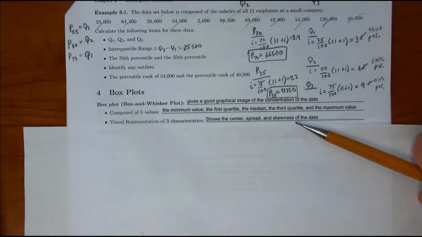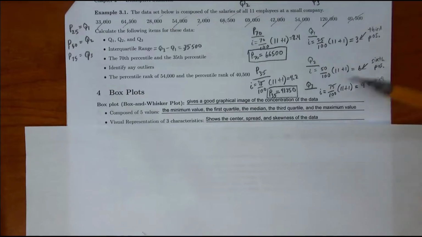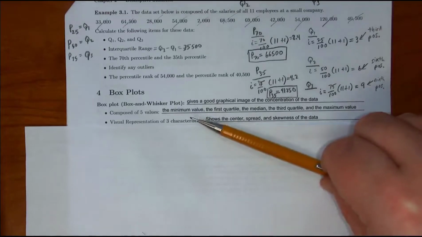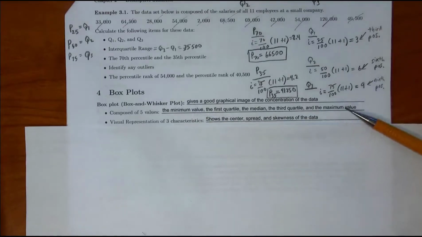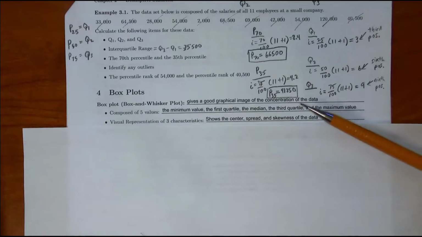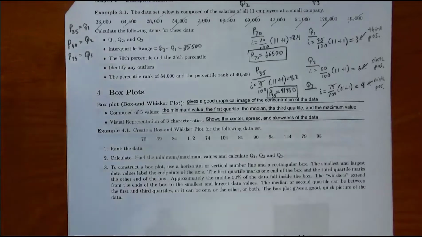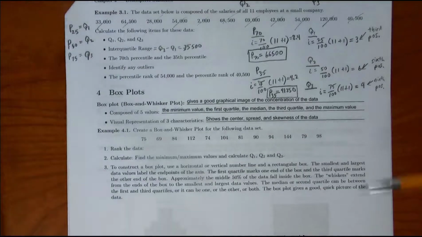The way you construct a box and whisker plot, I'll show you in just a sec. But just notice it is composed of 5 values: the minimum value, the maximum value, and the quartiles Q1, Q2, and Q3. Here are the instructions.